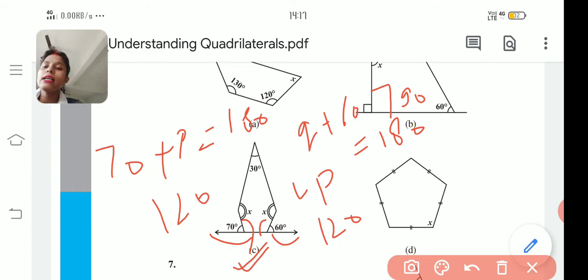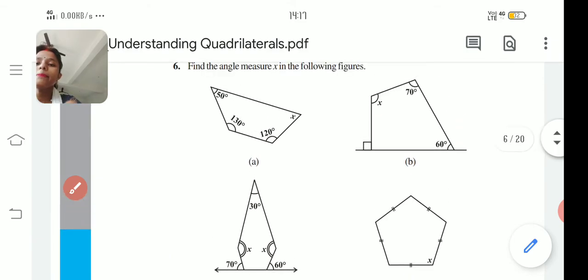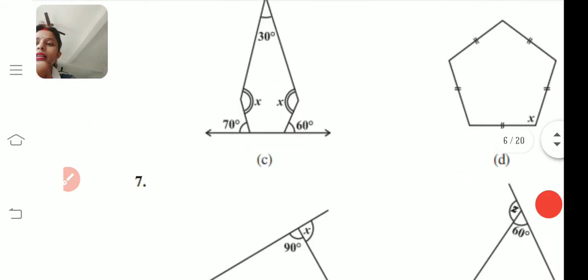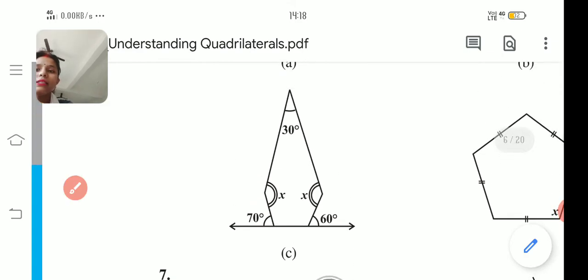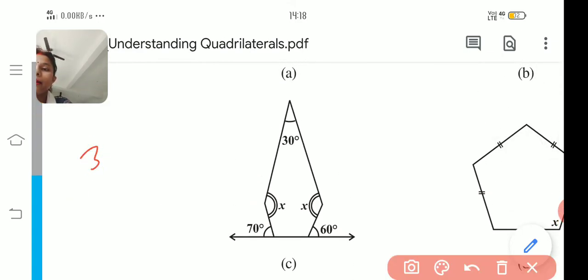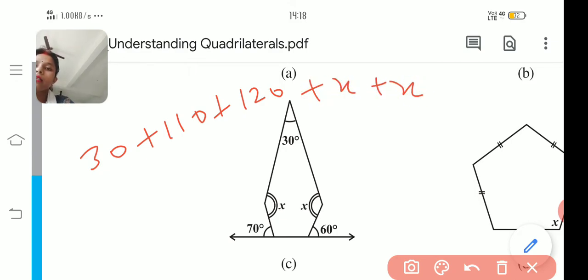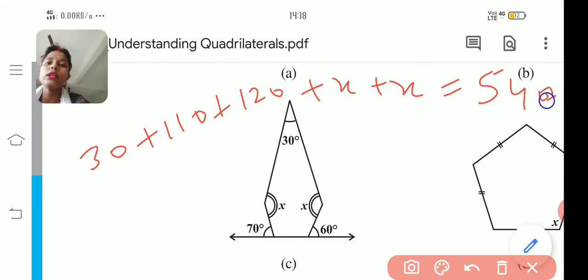Now 3 angles are given: 30, 120 and 110. So 30 plus 110 plus 120 plus x is equal to 540, because it is a pentagon.